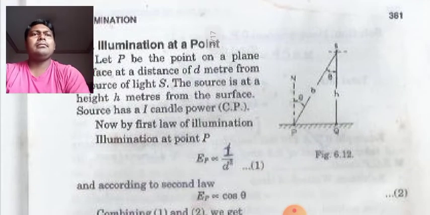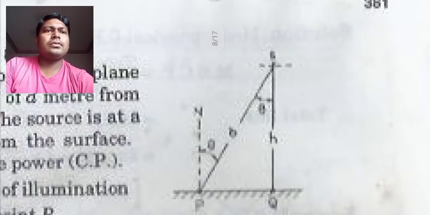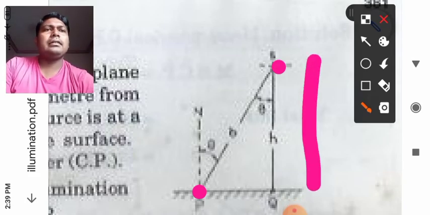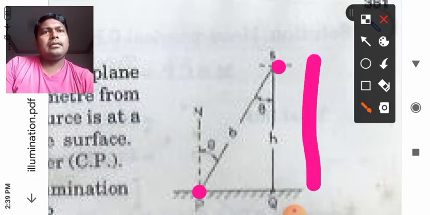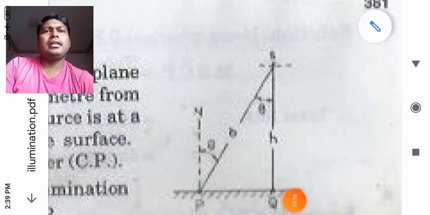So just have a look at this diagram. This is the source. Illumination at a point P has to be found out. This is the total height, and the angle subtended is theta, which is also equal to this angle. These are alternate angles, so they will be equal to theta.